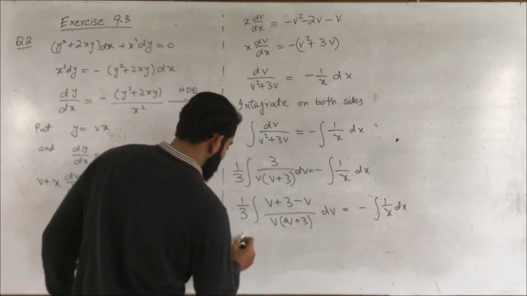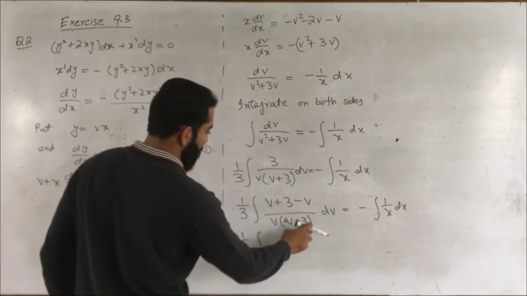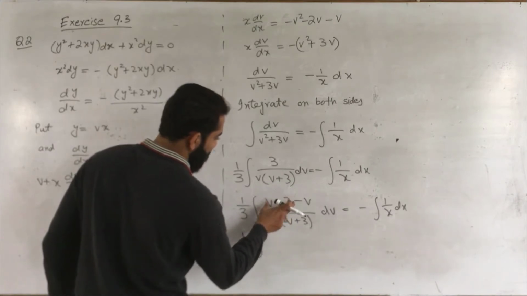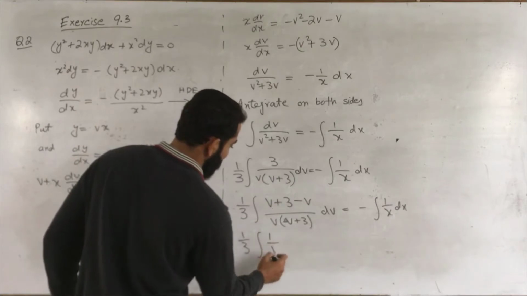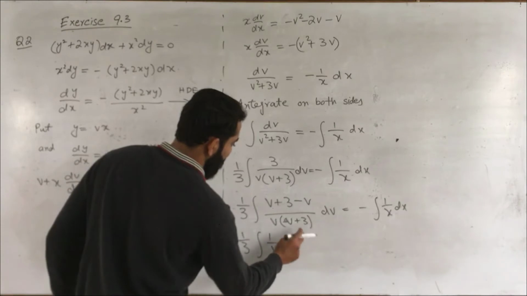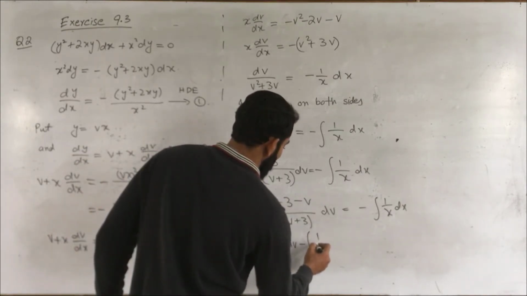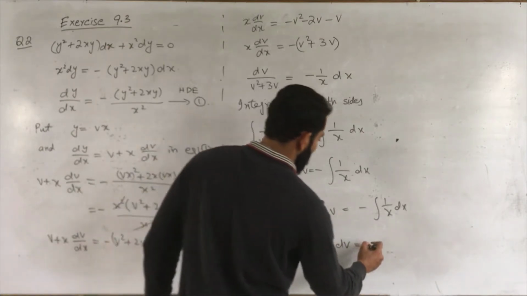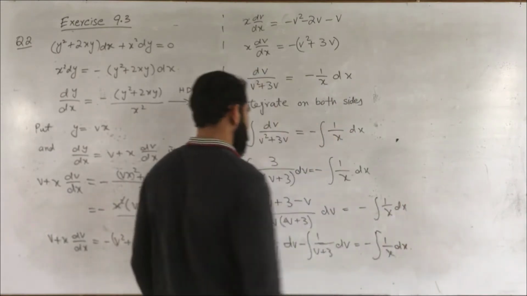It takes the shape of 1 over 3 integration, when this bundle of denominator is separated as a fraction, v plus 3 will cancel and 1 over v will remain, and similarly minus integration 1 over v plus 3 dv is equal to minus integration 1 over x dx.